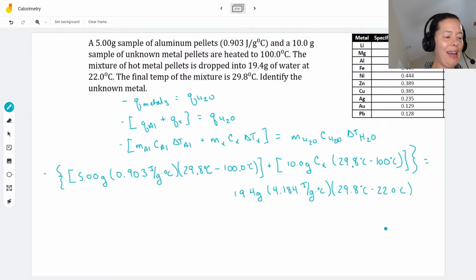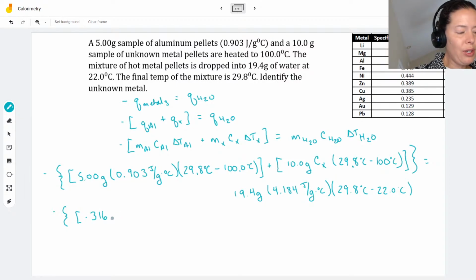Okay, we got some algebra to work through here. Now this is going to look a little bit odd because you can see we've got a negative here.